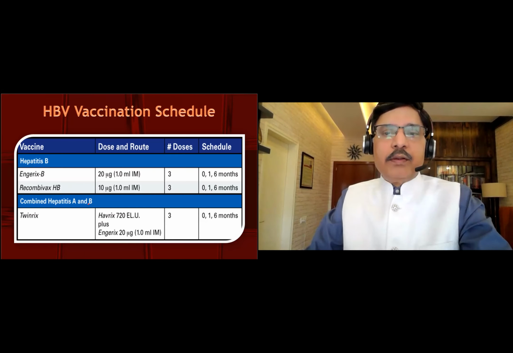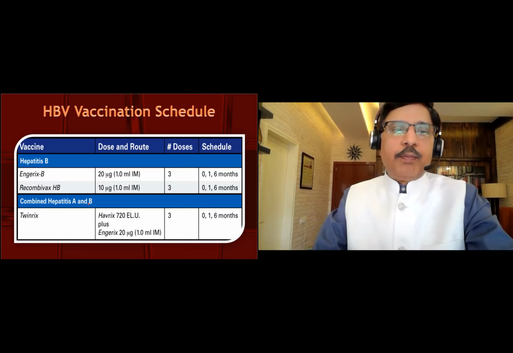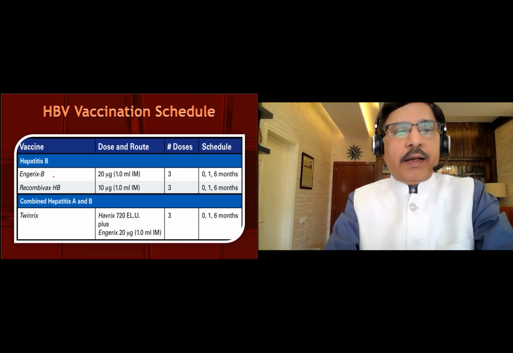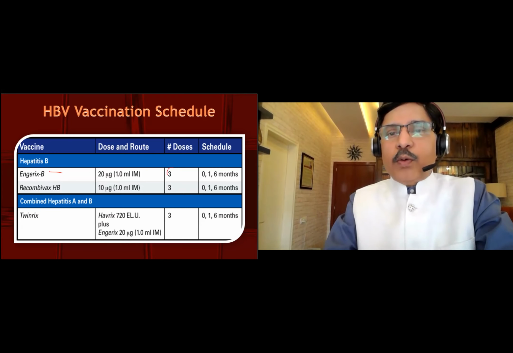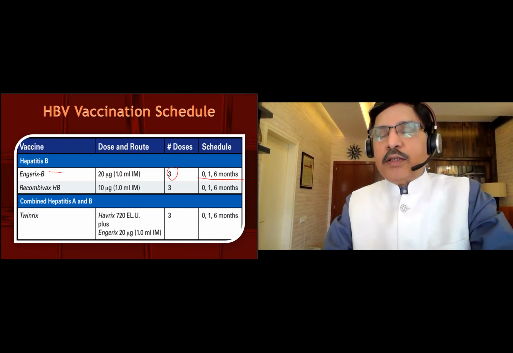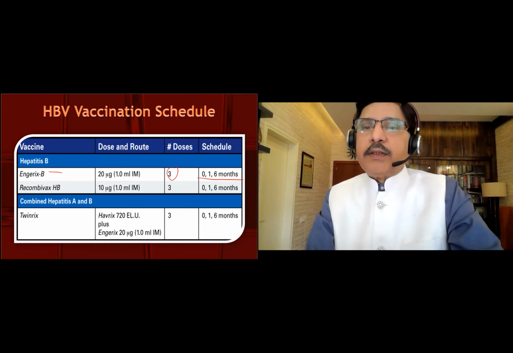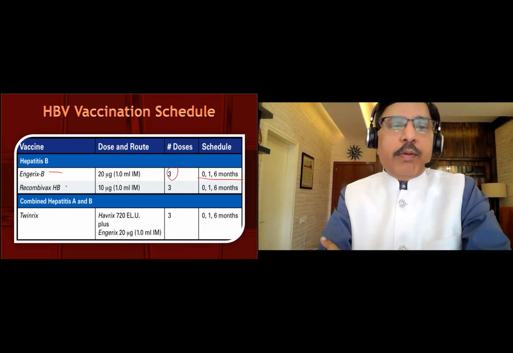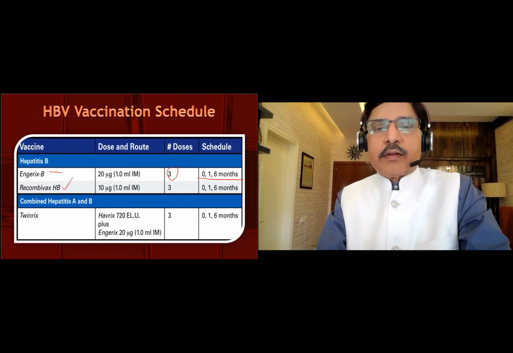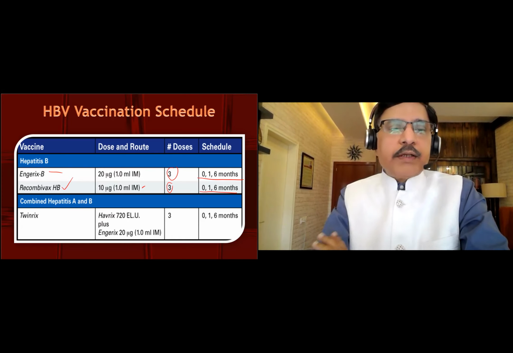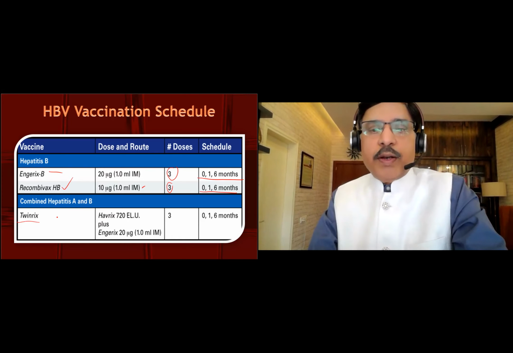Okay. The injections are available for protection. All doctors, kindly take Engerix-B, 3 doses: 0 is today, then 1 month, and 6 months. And Recombivax also can be given, which is a slightly smaller, half dose. There is a combination, Twinrix. What is Twinrix?